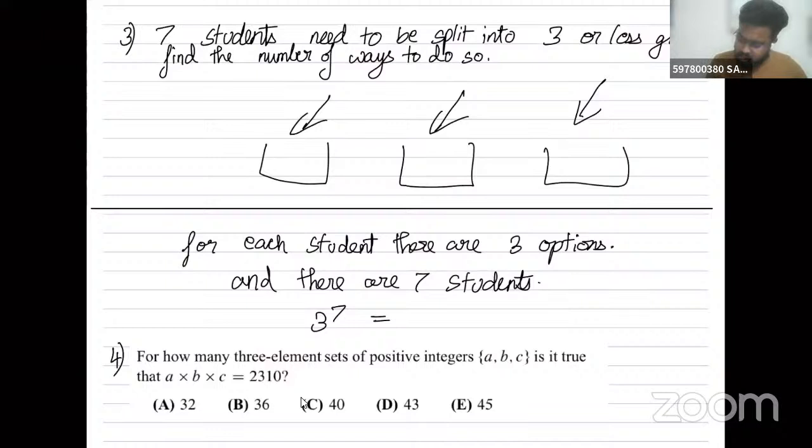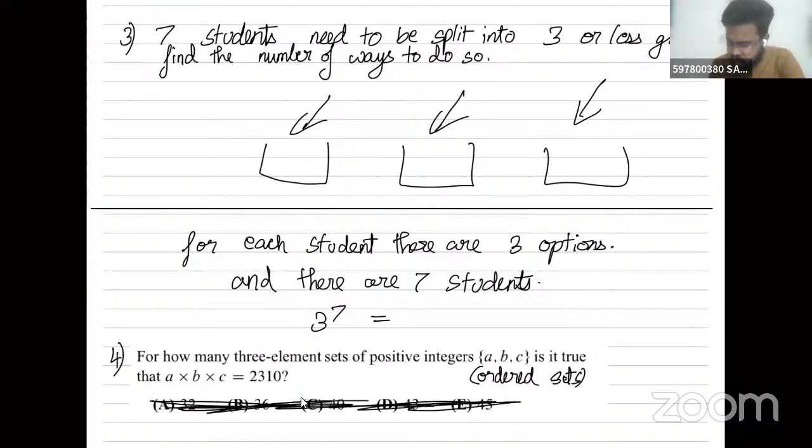I mean, what I want to ask you is ordered or unordered sets. So forget about these options. I modified the question. Otherwise, the question becomes slightly complicated.